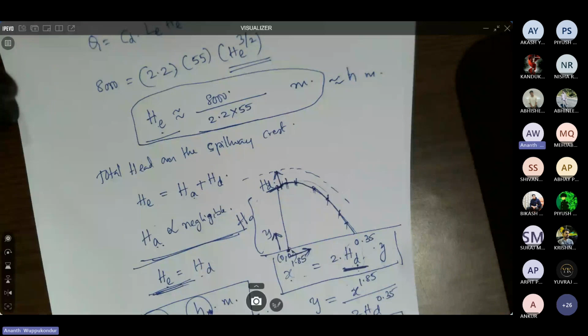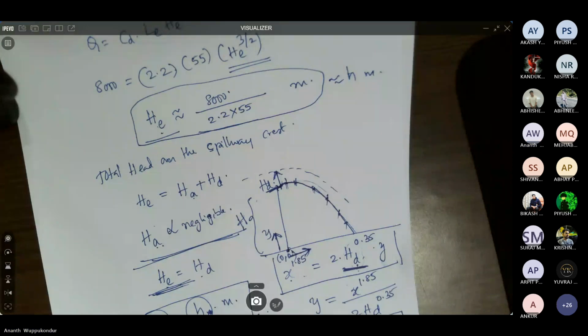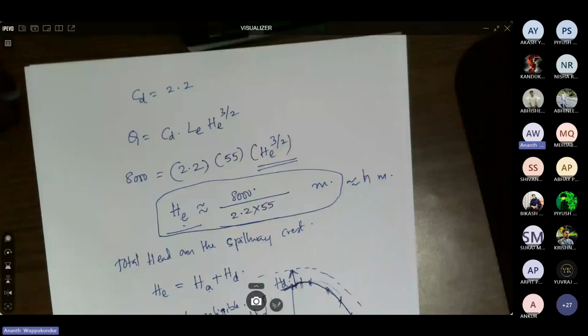Now this is the design of an ogee spillway. There are other types of spillways like chute spillway, siphon, or shaft spillways, but we are not going to do the design of those spillways today. For the exam, the syllabus would be on the types of spillways, the energy dissipation mechanisms below the spillway, and how to calculate the discharge over an ogee spillway.